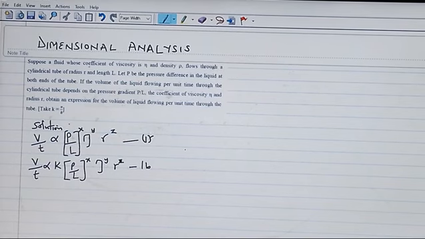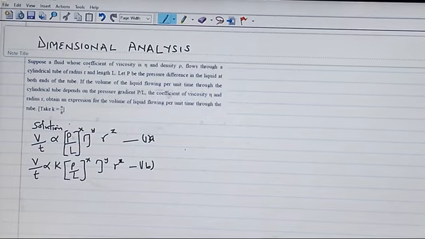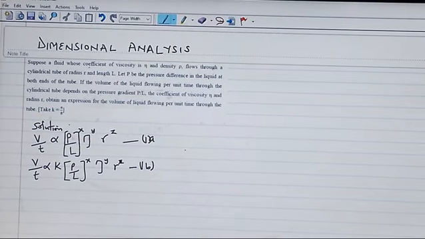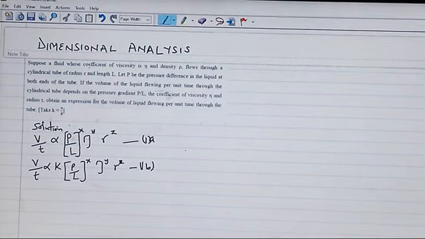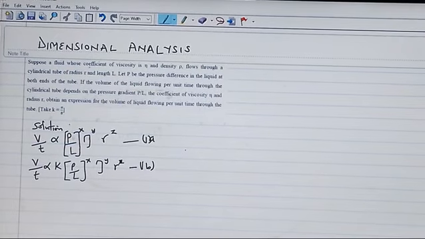Let's call this one 1a, this is 1b. However, we can work without k. Later we introduce it at the end of the problem. The goal is to find the values of x, y, and z. Then resubstitute into our expression. How do we do that?